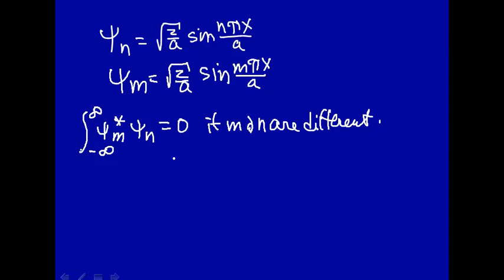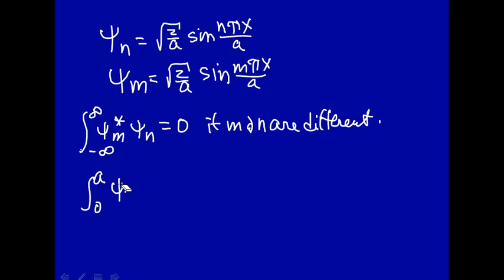Okay, well, let's apply that here. Again, for similar reasons to the normalization integration, we only need to integrate from 0 to a. So this would be the integral from 0 to a of psi m star.